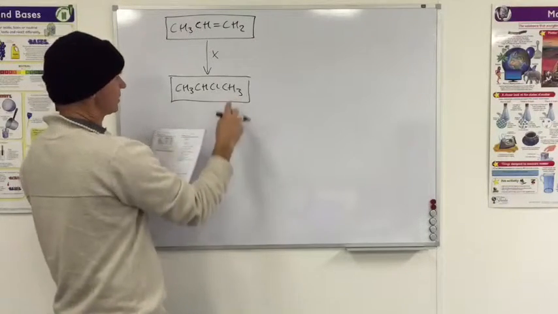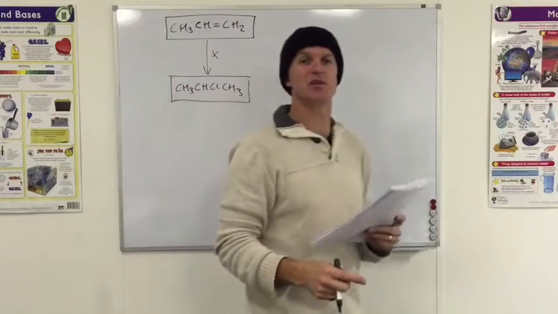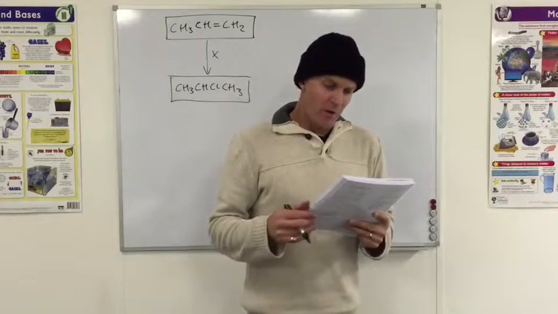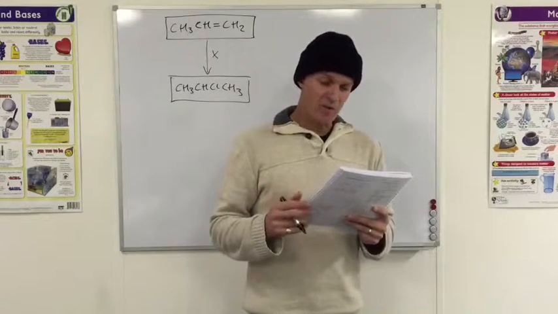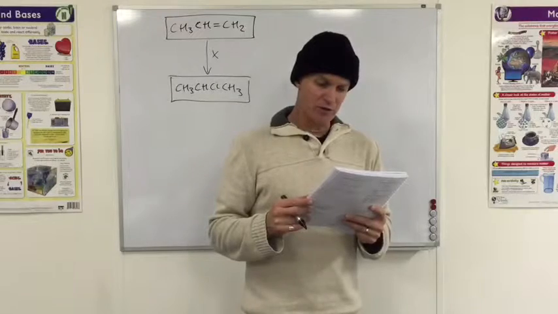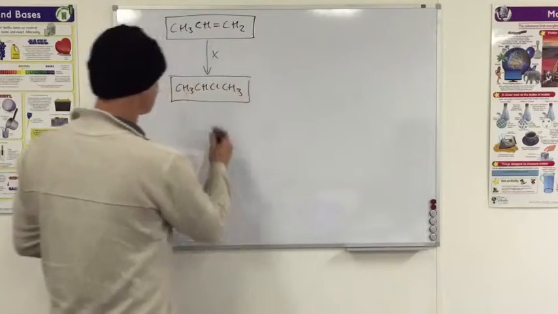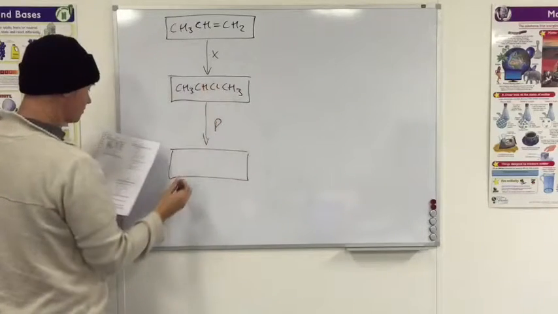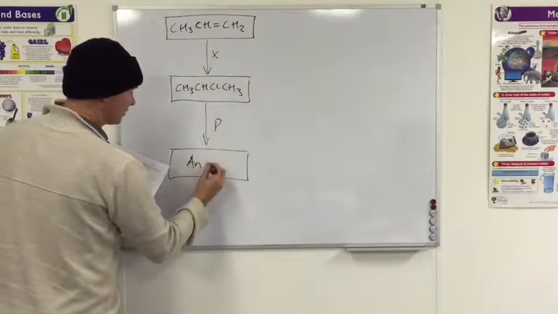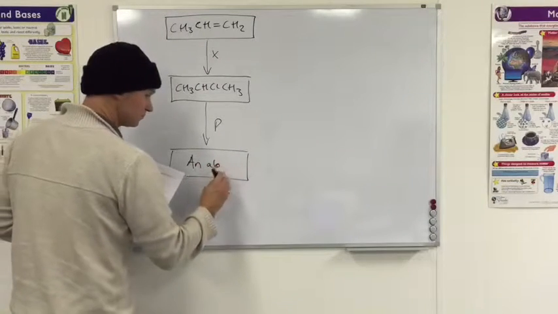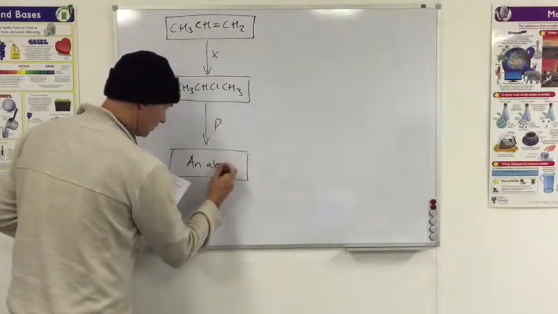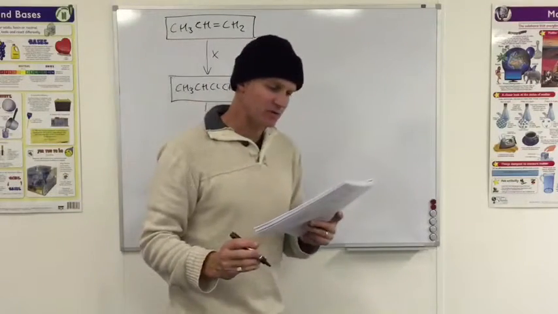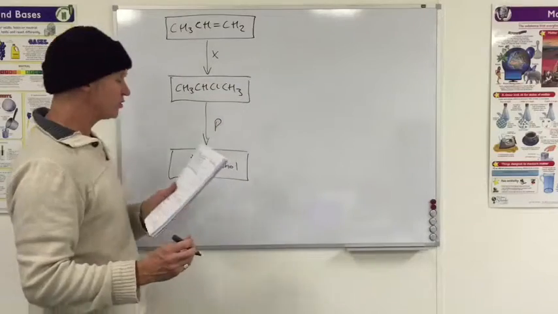Yes, okay, so there's the extra, so it's a hydrohalogenation reaction. 4.2.2, write down the structural formula and IUPAC name of the alcohol produced during reaction P. So reaction P, for those of you who haven't got the paper open there in front of you, they take this one and make it, and they just call it an alcohol. Write down the structural formula and the IUPAC name of the alcohol produced during reaction P.